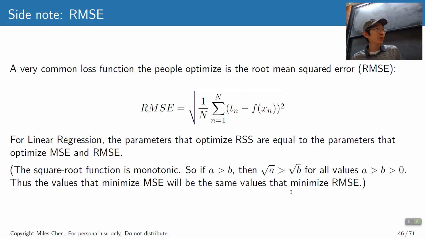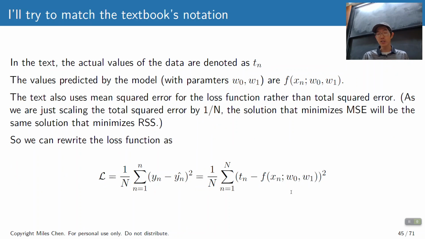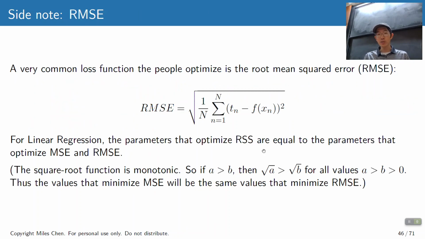Another common metric that we see is root mean squared error, RMSE. If you've ever gone on Kaggle and done a competition, this is generally the metric that gets used for evaluating your performance. It's just the square root of mean squared error: you take mean squared error and throw it into the square root function, with the target minus the predicted values in there.